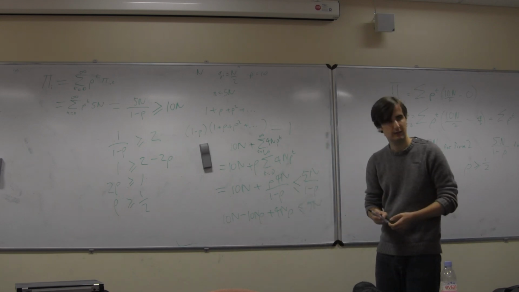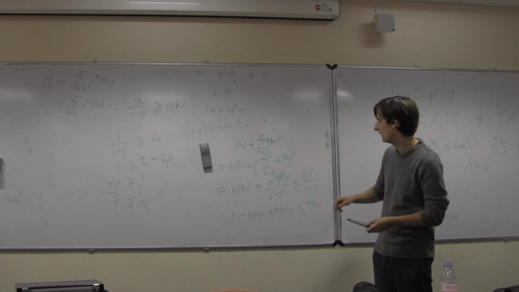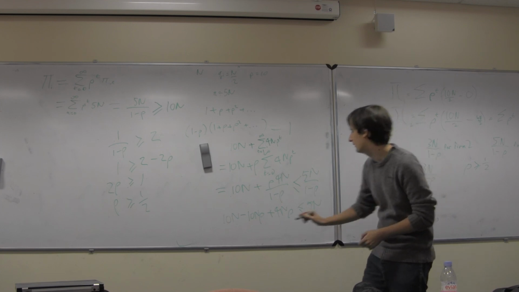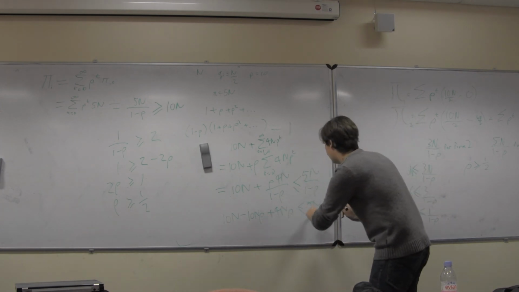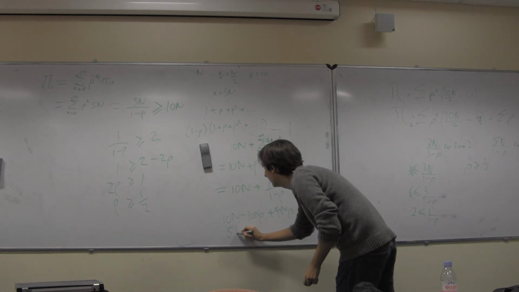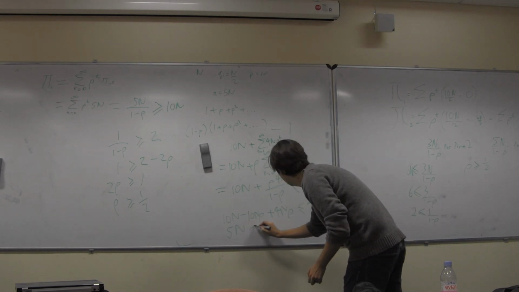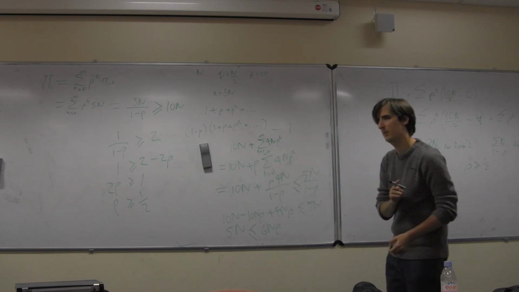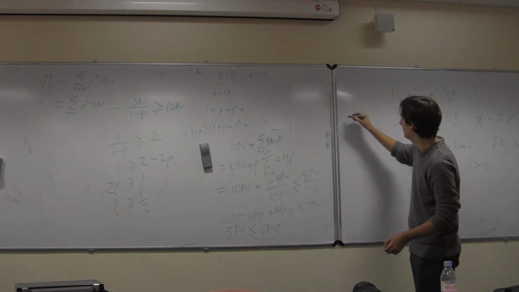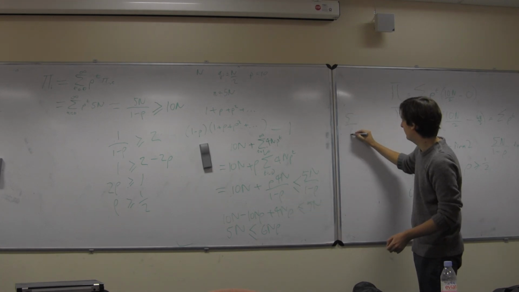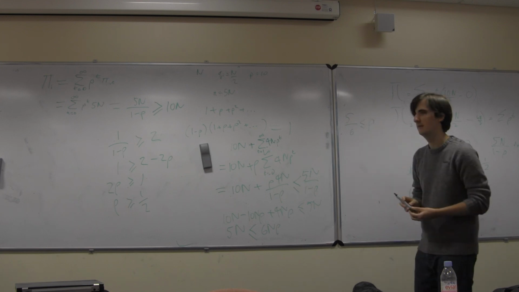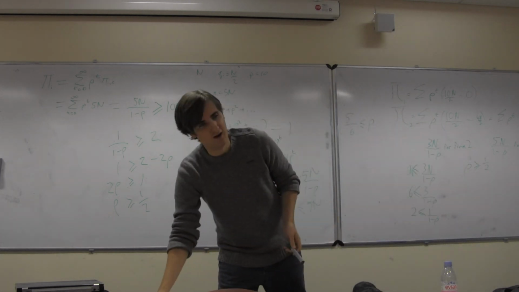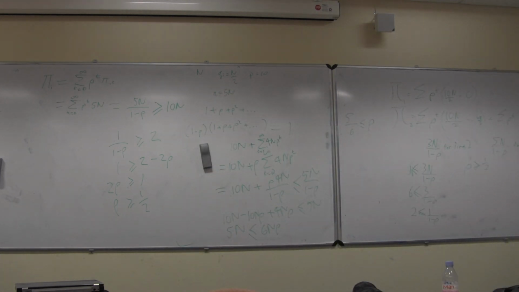That gives 6n rho. Let's take this over to this side, so 5n is less than or equal to 6n rho. The n's are going to cancel, so 5 over 6 is less than or equal to rho. So that was the answer that they wanted. I don't think it was a very well written question.